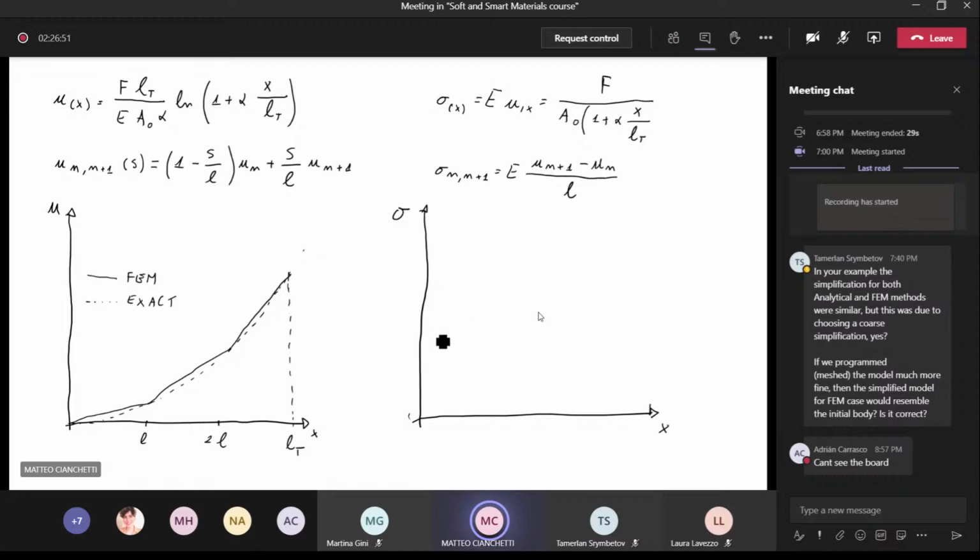For the stresses, we have a similar approach. We have a maximum that is the force over Af, and the force over A0, so initial and final area.